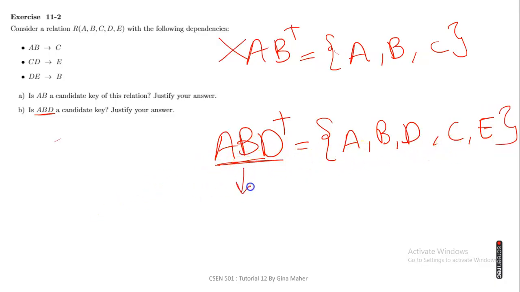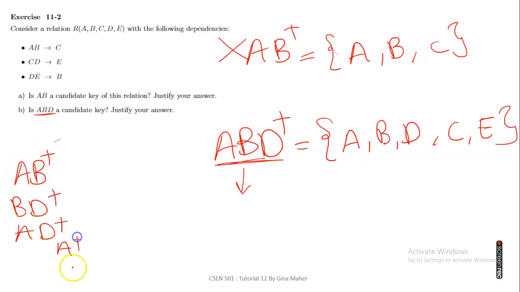However, to check whether it's a candidate key or not, we must make sure that no subset of this key can be a candidate key. Okay, so let's check the subsets of this key. We should check the closure of AB, of BD, of AD, in order to ensure that this is a candidate key.